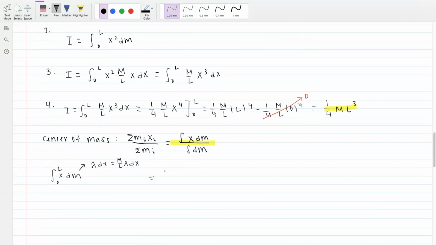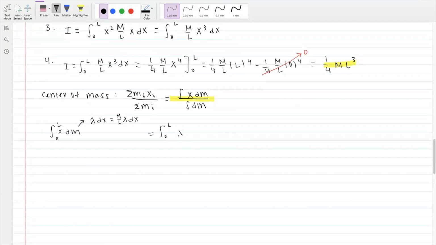So this simplifies to taking the integral from 0 to L, x m over L x dx, and we can simplify this further to m over L x squared dx. Now taking the integral of this will give us 1/3 m over L x to the third. When we plug in the limits, we'll get 1/3 m L squared.